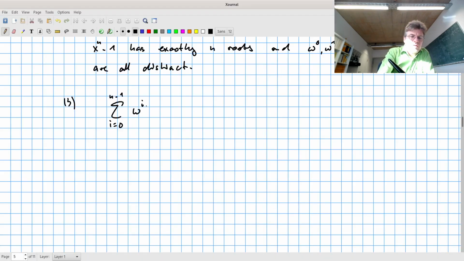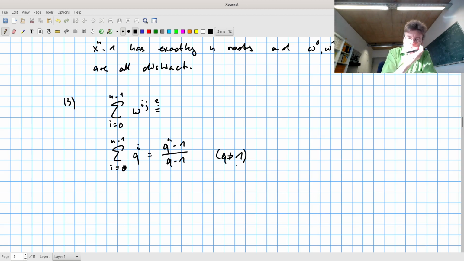There's also a j here, so I want to know what this is. We know that this is an example of a geometric series, and in general the geometric series says this is q to the n minus 1 over q minus 1 for all q different from 1.